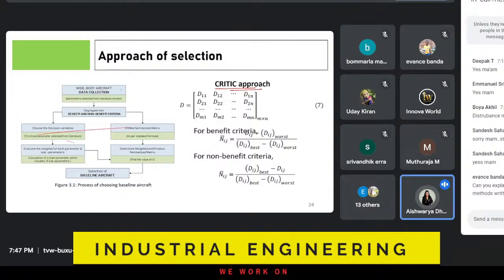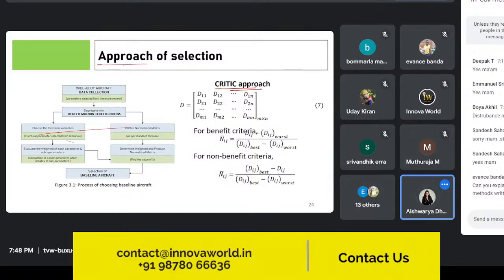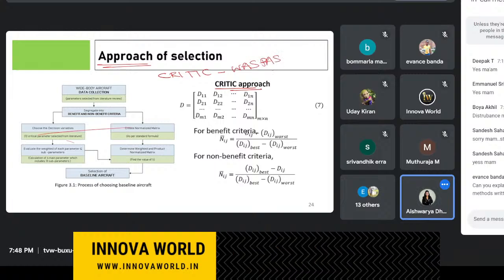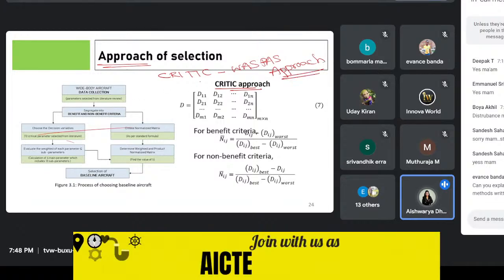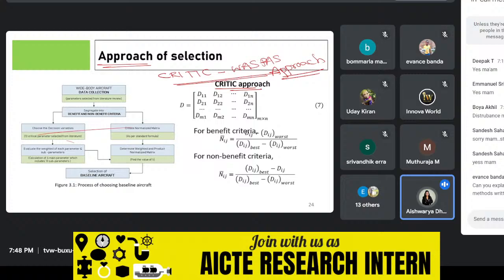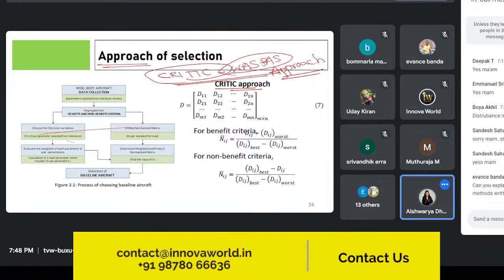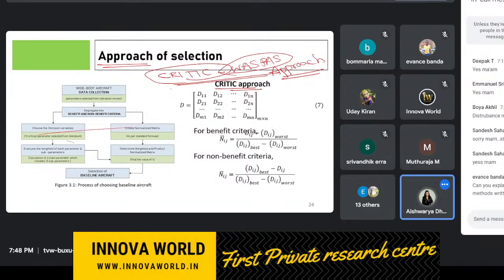The flow chart that you can see here is the CRITIC-WASPAS approach. Here I have hybridized, meaning I have combined two different techniques. What I have done here is not the important factor. The point is to understand how I am creating this approach and presenting it.